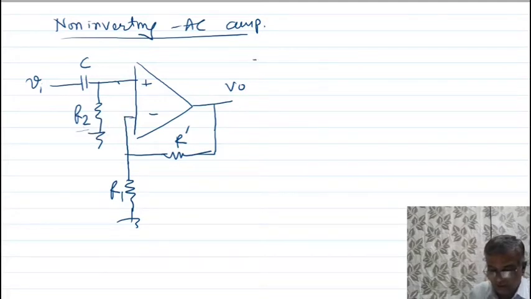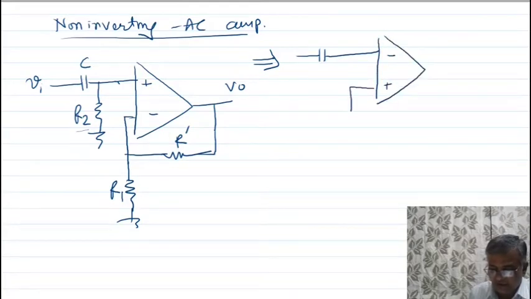To eliminate this problem, this circuit is modified as shown in the figure. See, I am showing you the modification of the non-inverting AC amplifier.